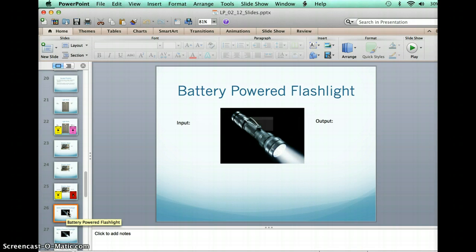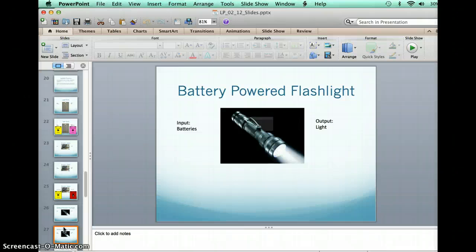Okay, the next one, a battery-powered flashlight. Okay, so hopefully you're thinking, all right, what type of energy is in batteries and what type of energy is light, so the waves of light. And you're putting that in the energy input section and the energy output section on your chart.